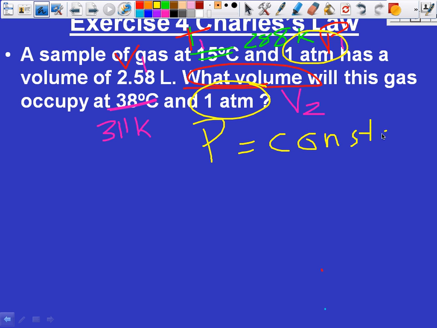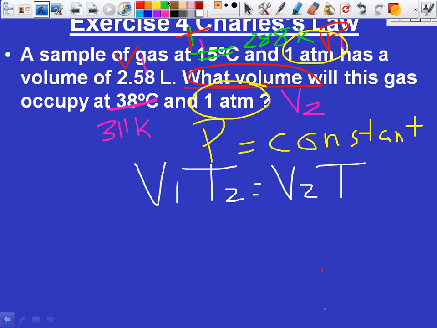All right, so again, we're at Charles's law, and please remember your tricky T's here. The formula is V1T2 equals V2T1, and we're solving for V2. So algebraically, you can set it up: V2 equals V1T2 over T1.